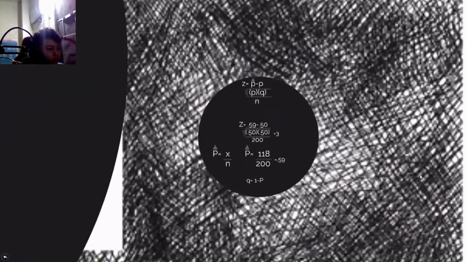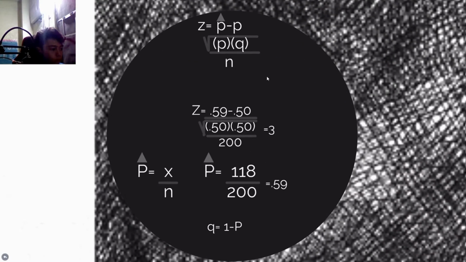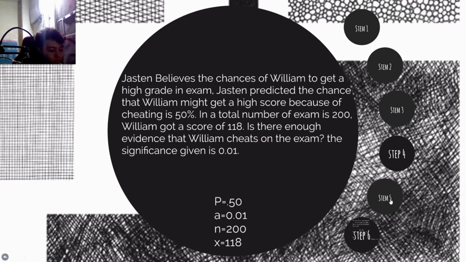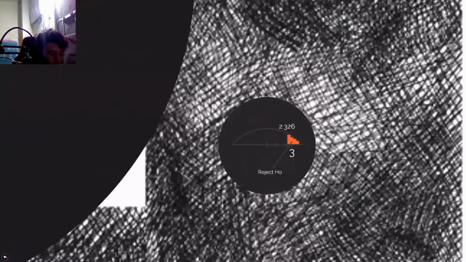And step 4, again use the formula, and the problem is z is equal to 0.59 minus 0.50 over the square root of 0.50 times 0.50 over 200, which is equal to 3. And let's go to step 5, the decision rule.